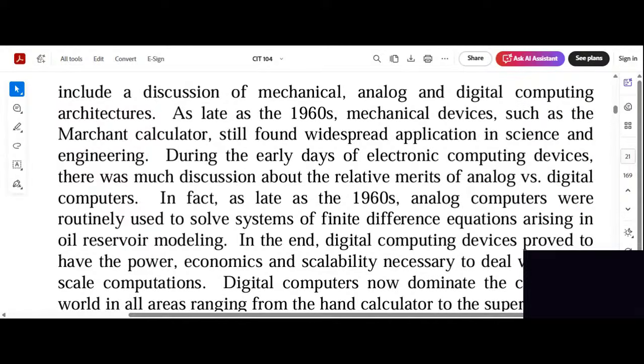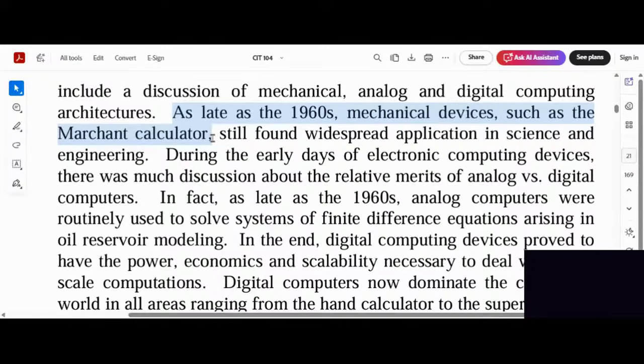So as late as the 1960s, this is where I am now. Don't forget that we said that it all started with things like the Chinese abacus, the Charles Babbage analytical engine, the Jacquard loom in 1803, and so on and so forth. Now, as late as the 1960s, mechanical devices such as the calculator still found widespread application in science and engineering.